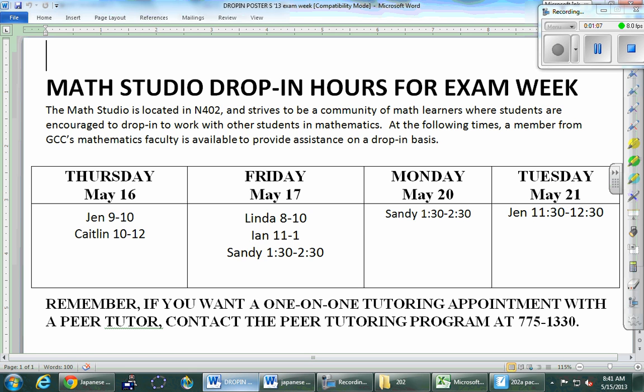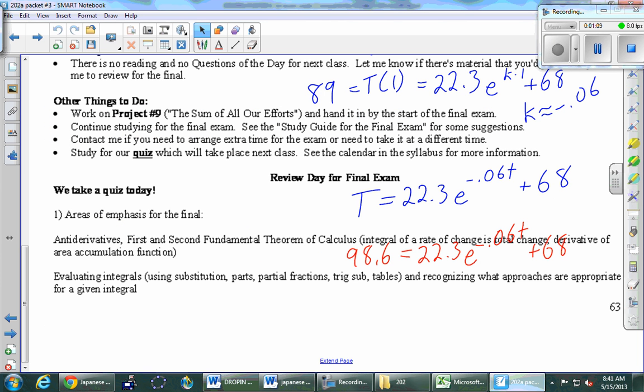Okay, so here at the bottom of page 63, just a quick look at the areas of emphasis for the final. Big section on antiderivatives, first and second fundamental theorem of calculus, and included inside of that big antiderivatives thing is the U substitution. That's the most important integration technique we have.